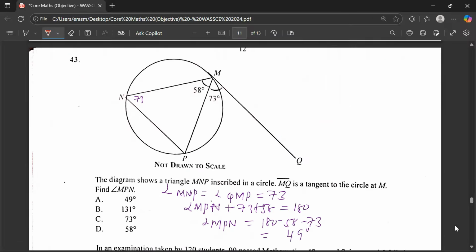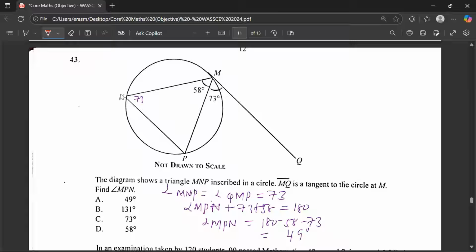The diagram shows a triangle MNP inscribed in a circle. Line MQ is tangent to the circle at M. Find angle MPN. Now, angle MNP equals angle QMP.